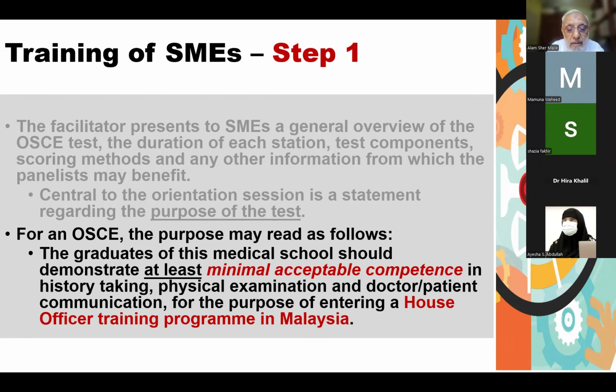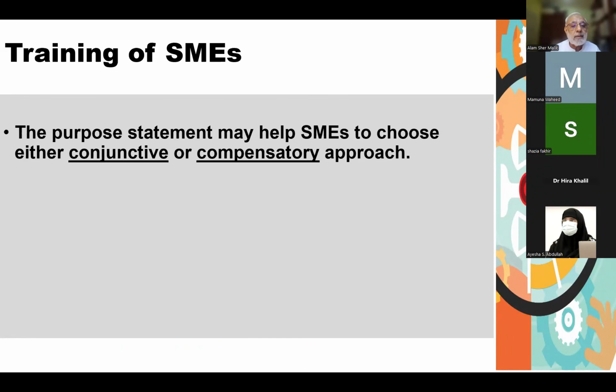And the purpose of this is for entering as a house officer. So that is the requirement to join the Ministry of Health as a house officer, not as a medical officer, because I'll show you how it matters. So this is the purpose of that examination, which has been stated to the subject matter experts.